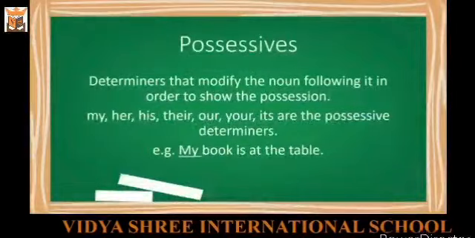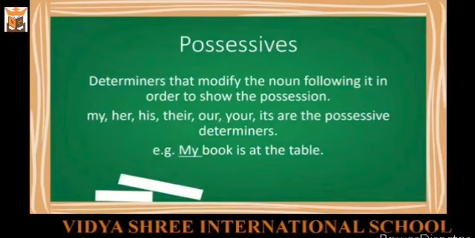Our next category is possessives. Determiners that modify the noun following them in order to show possession. My, her, his, their, our, your, its are the possessive determiners.